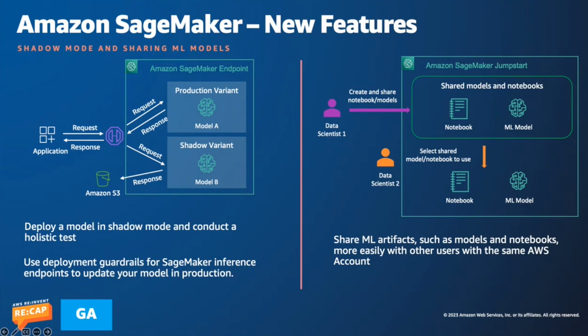Right, so this is a way to help developers, data scientists, and machine learning engineers to do some real tasks with real data in the development environment and staging environment. And then once they realize a few changes need to take place, they can move this by using some of the guardrails with SageMaker inference endpoints, which is a great breakthrough for the overall machine learning MLOps experience.